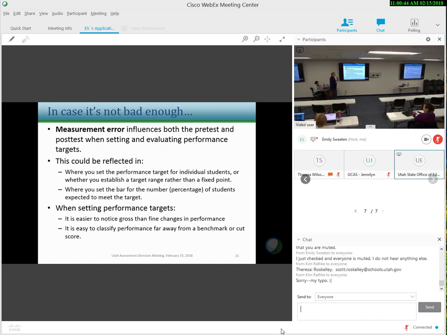The other key thing is when we think about setting performance targets, like how much growth am I expecting? This was common in early No Child Left Behind, particularly in the safe harbor calculation. This is an age test for some of you who remember this stuff.